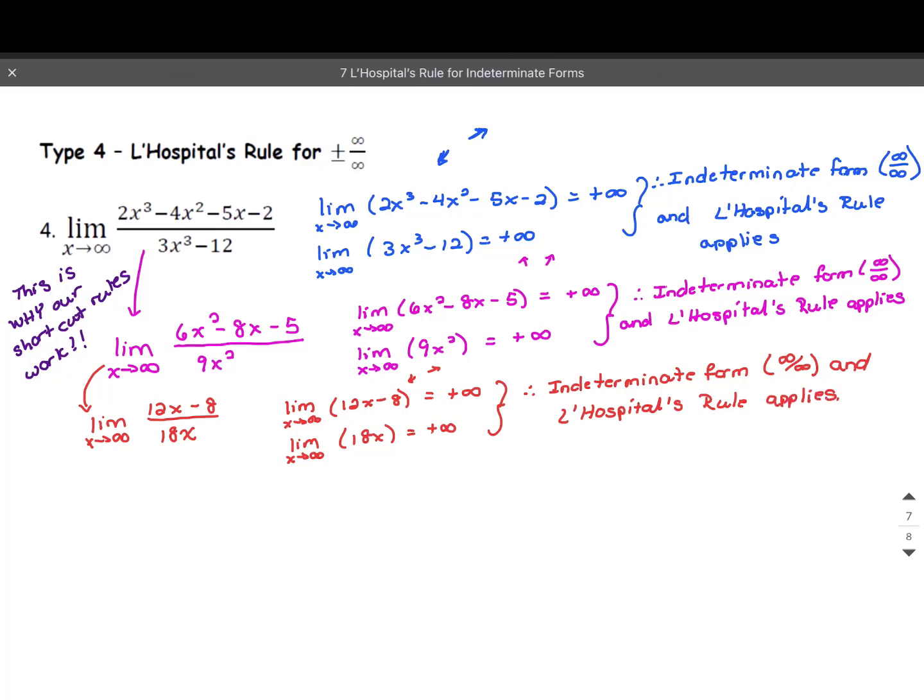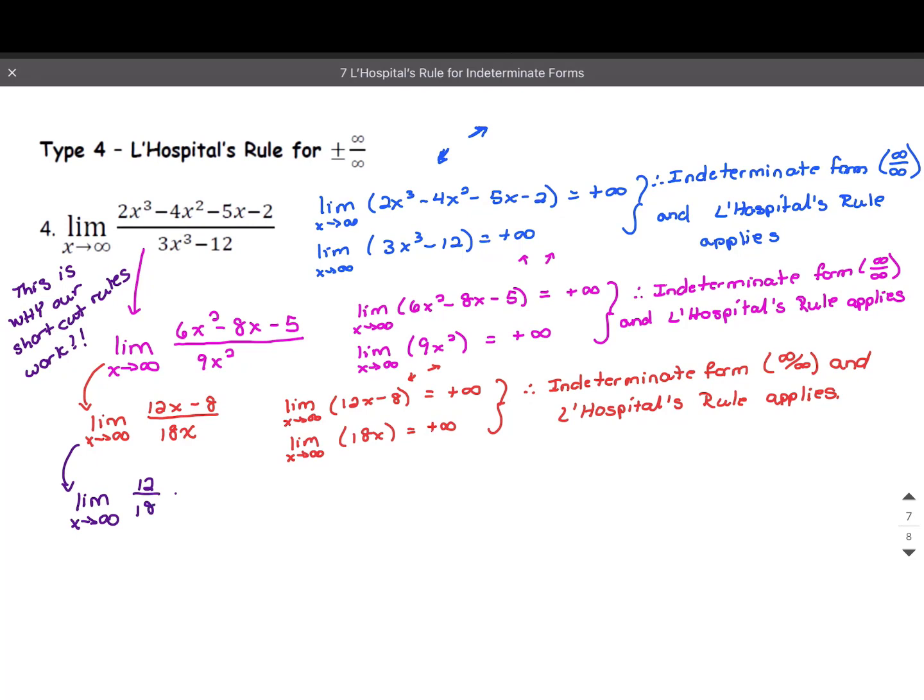Again, for a third time, we're going to take this limit and say that the limit as x approaches infinity of the derivative of 12x minus 8, which is 12, over the derivative of 18x, which is 18. So that's a constant, so we get 12 over 18, which is not what you thought it was going to be at the beginning. However, this does reduce to 2/3.